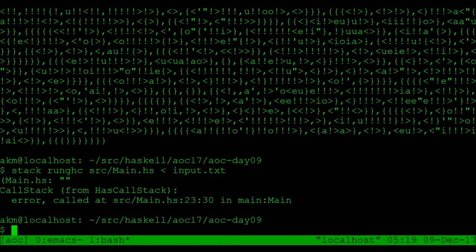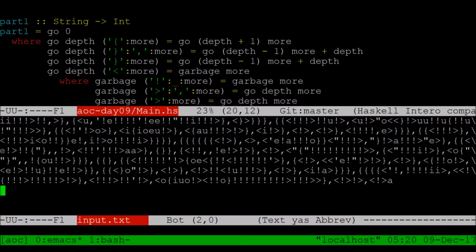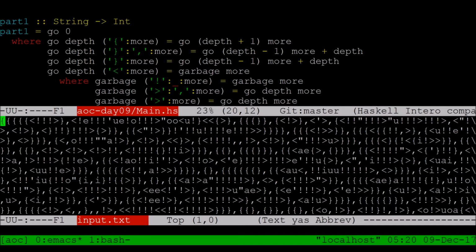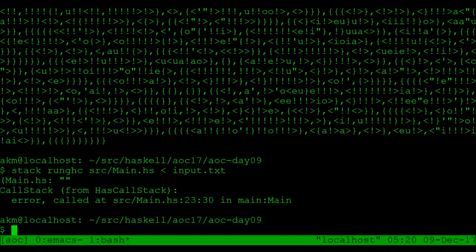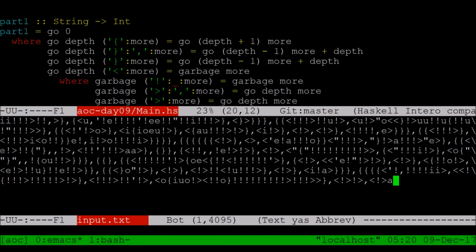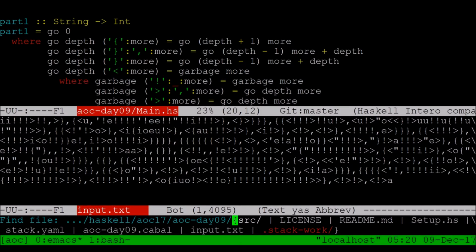Well, okay, it's still wrong, though. There's still this A. What the heck? That's not what my input looks like, and it's not what it looked like when I wrote it here. Am I looking at... What is going on?